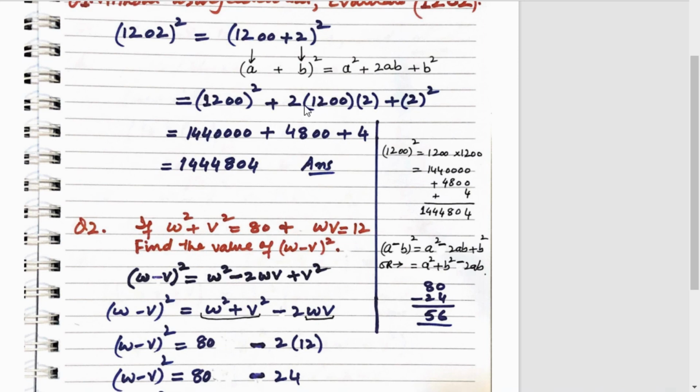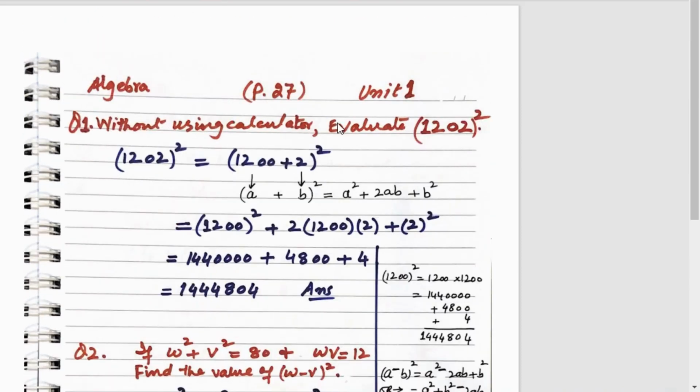Now 2 multiplied by 1200 into 2: 2 into 2 is 4, and 4 multiplied by 12 is 48, with 2 zeros, 4800. 2 square means 2 into 2, 2 2s are 4. Now we will add up all the numbers and we will get this number, which is our answer.